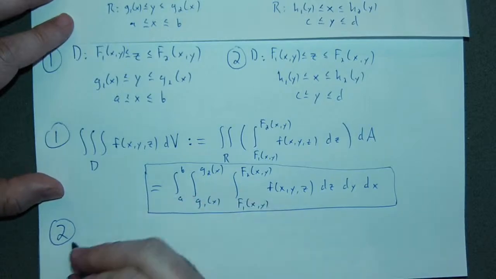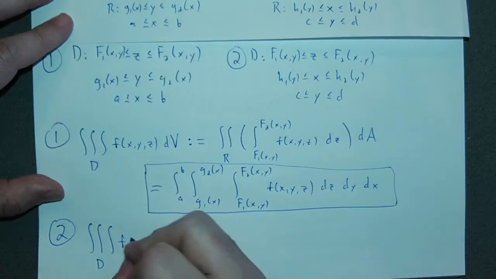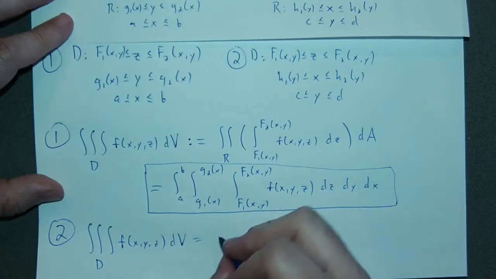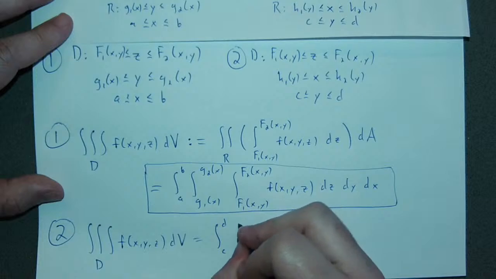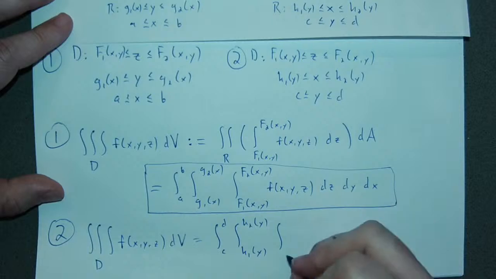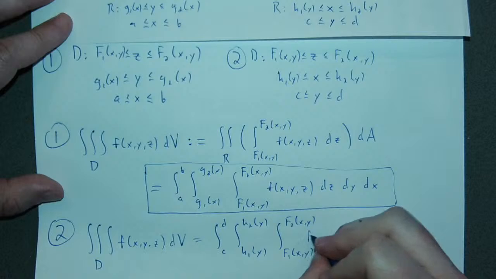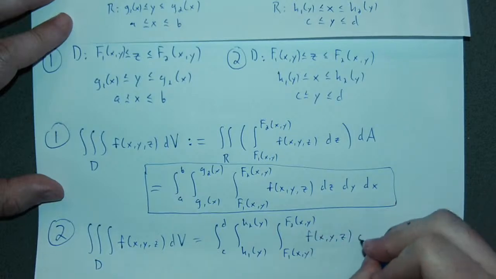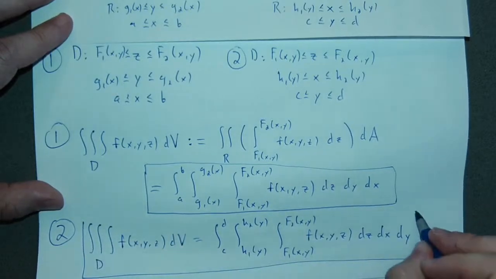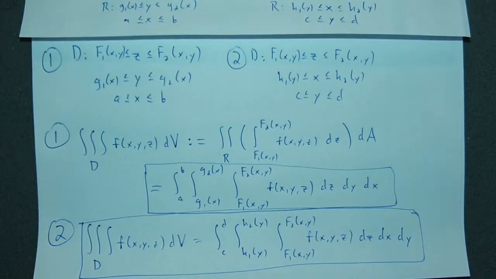And so in the case where I have a horizontally simple region, my triple integral over D of little f of xyz dv is equal to the integral from c to d, the integral from h sub 1 of y to h sub 2 of y, the integral from big F sub 1 of xy to big F sub 2 of xy of little f of xyz, dz dx dy.